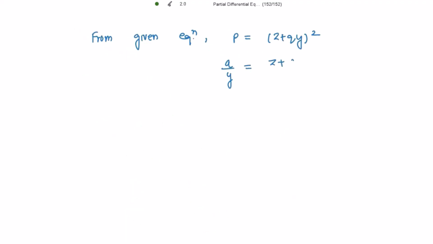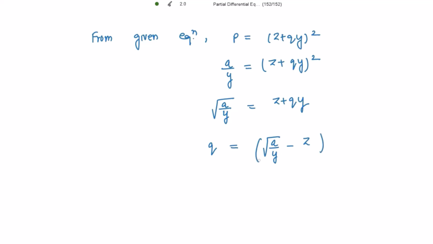So this is (z plus qy) whole square. Taking square root on both the sides, square root of a by y equal to z plus qy. From here I get q equal to square root of a by y minus z, divided by y, which can be written as square root a divided by y to the power 3 by 2 minus z divided by y. So this is the value of q I have got.